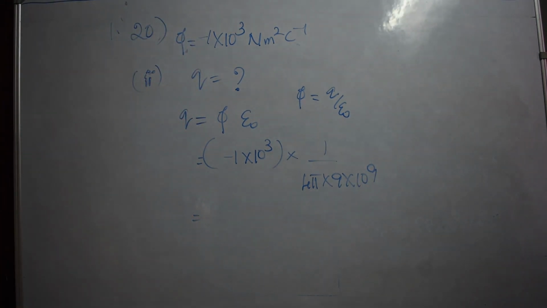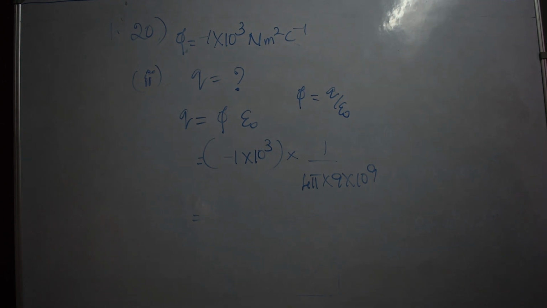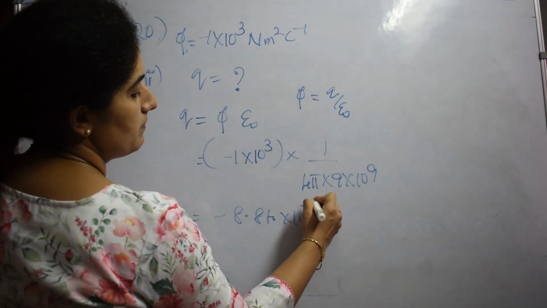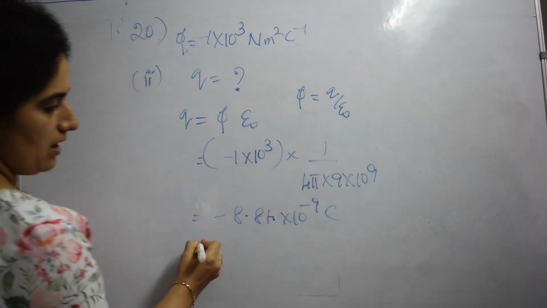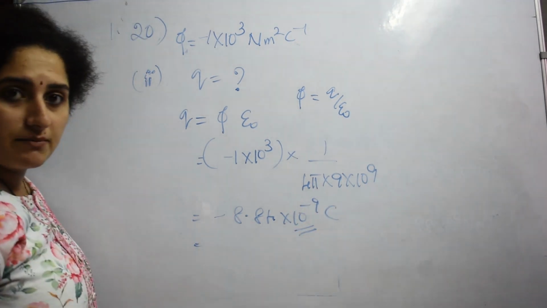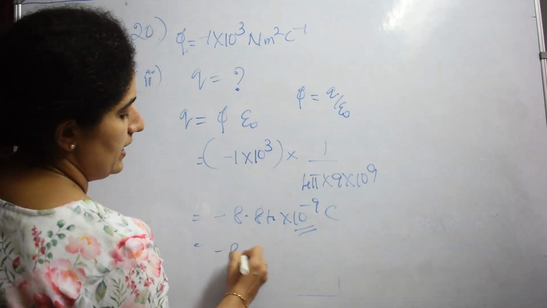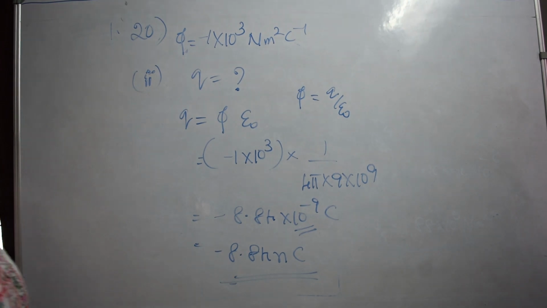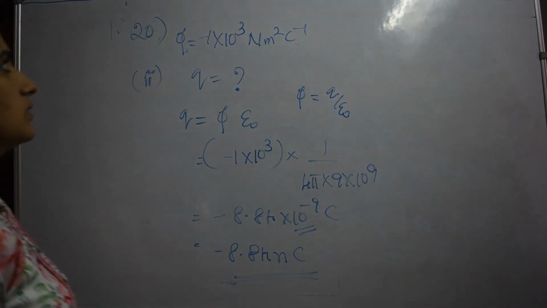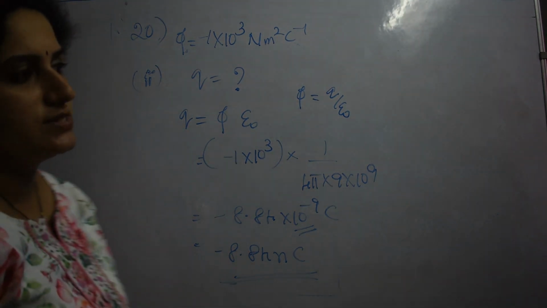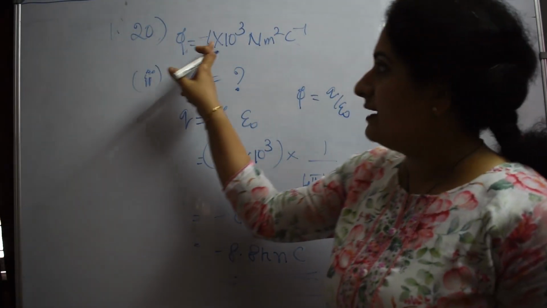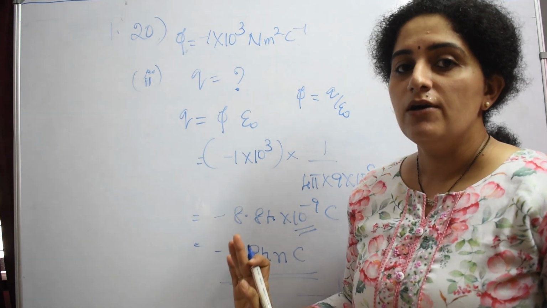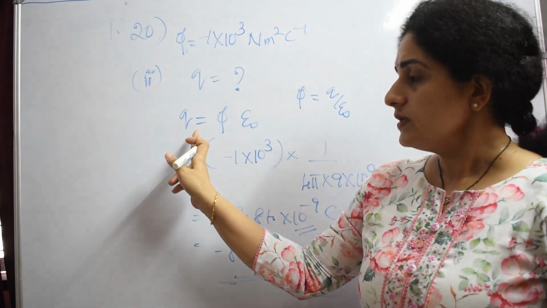So this is what the calculation is, and the answer comes out to be minus 8.84 into 10 to the power minus 9 coulomb, or 10 to the power minus 9 is nothing but nano. So 8.84 nano coulomb. So this is the answer for the second part under question 1.20. So first part phi is the same value, second part you just have to use the flux concept, Gauss law.